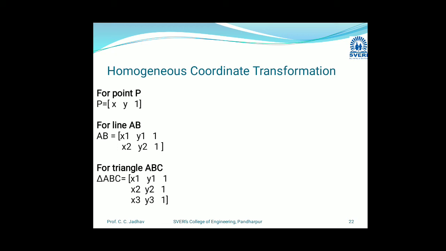In certain applications, multiple operations are required. In such cases, it is required to represent transformations as a matrix multiplication. In this system, translation is also represented as a matrix multiplication.